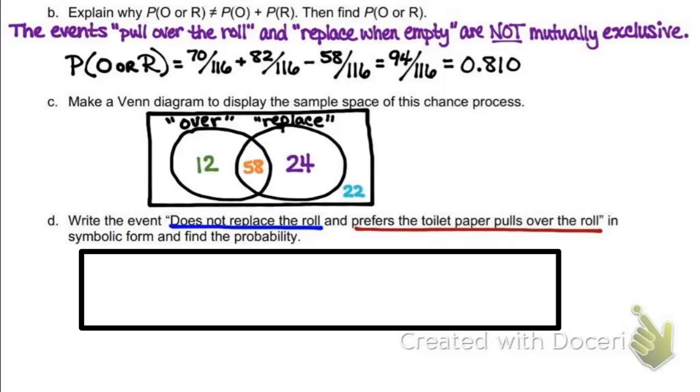And 22 answered no to both. Do you have to write it inside a rectangle? Good question. Yes. That rectangle is called the universe, and that shows me that I'm containing everything in here. So I've got everybody accounted for.